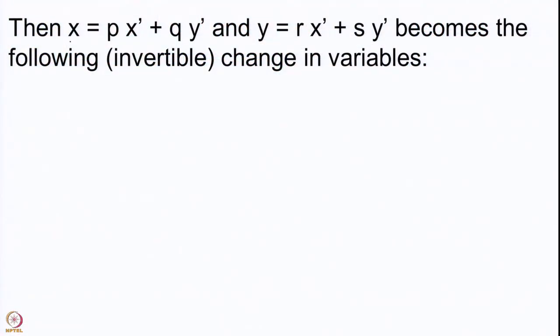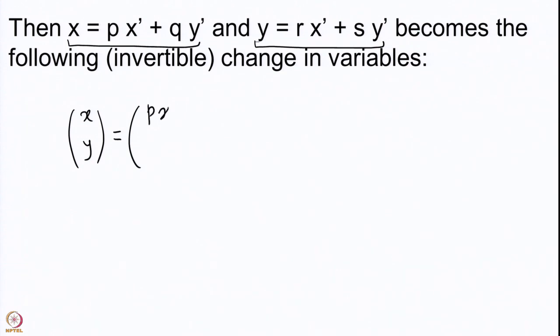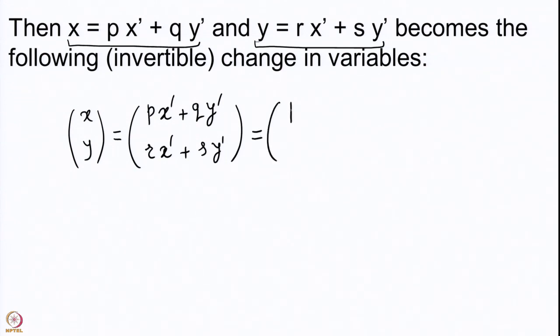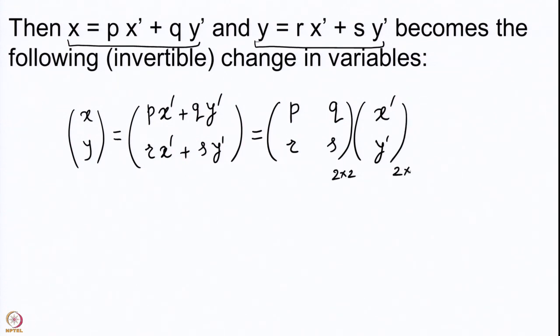And now let us see how this helps us in doing these computations. So, once again this transformation, x going to this and y going to this, can be written as (x, y) equal to (p x prime plus q y prime, r x prime plus s y prime). So, you would have recognized here that this is nothing but the multiplication of this 2 by 2 matrix with this 2 by 1 matrix.